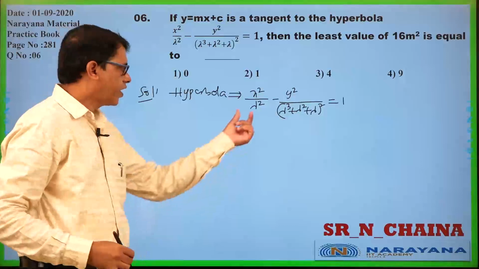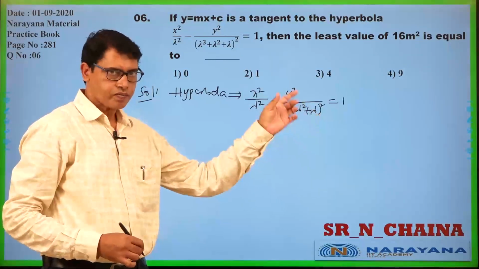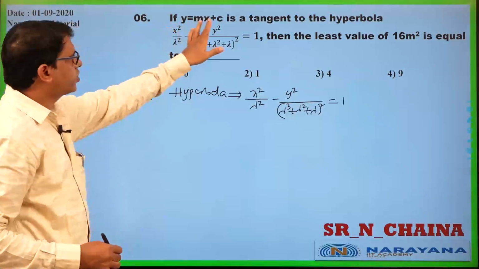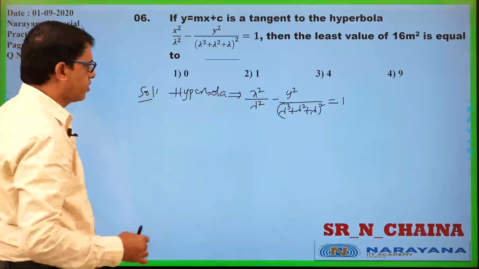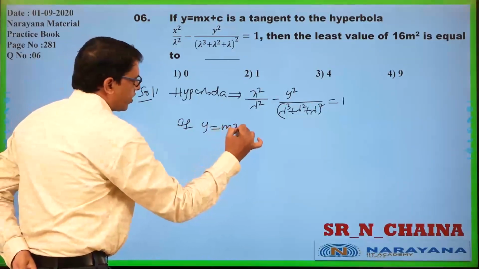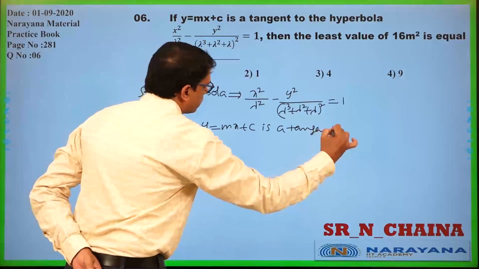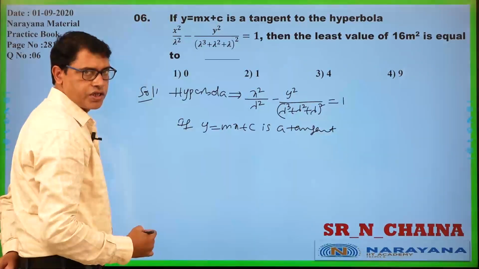Means the value of a square is lambda square, and b square is this one. Now what is given? y is equal to mx plus c is a tangent. So if y is equal to mx plus c is a tangent, then we have the condition.